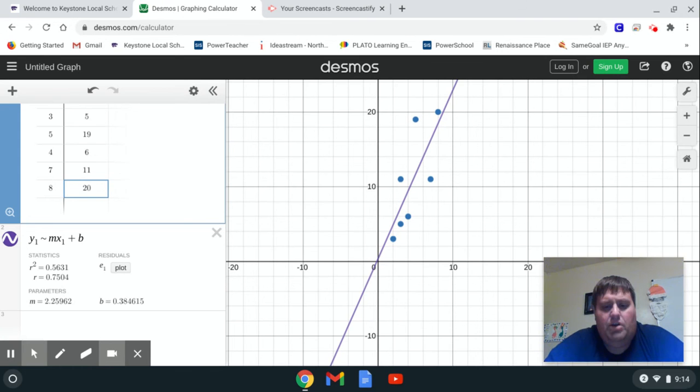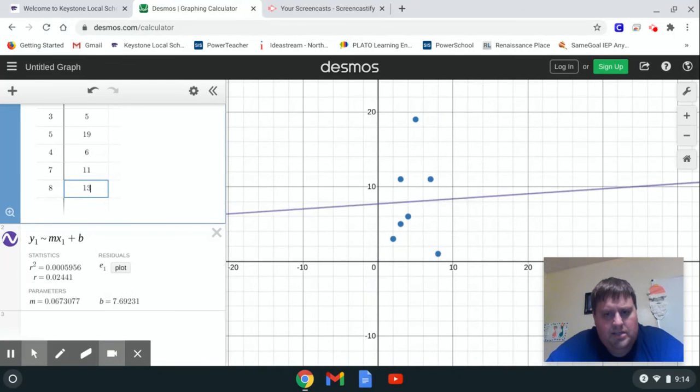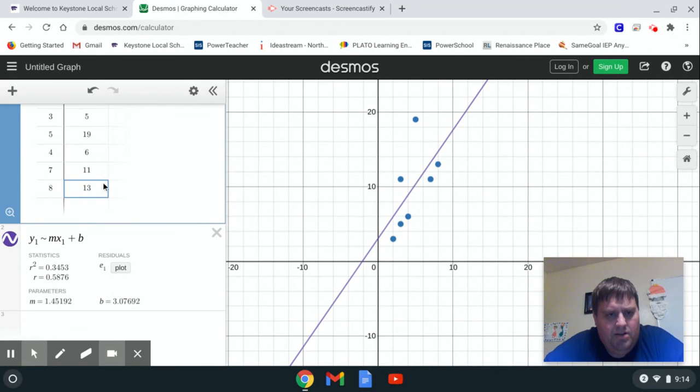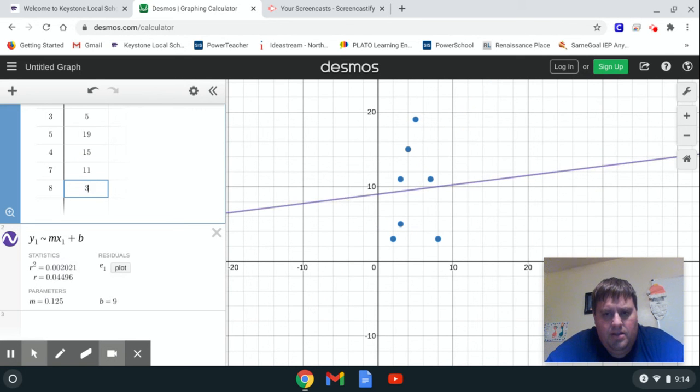Now, if they get real crazy, like, let me see if I put a 13 in there. 23, 13. Because that looked pretty crazy when I did that, I thought. Maybe not so crazy. If they get real spread out and they don't even necessarily look like they're positive anymore, like that, look how small our correlation factor is.